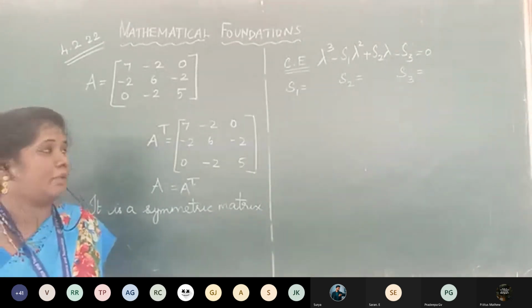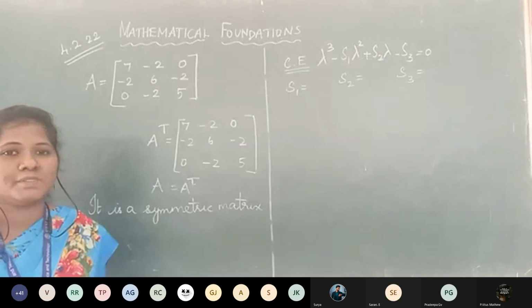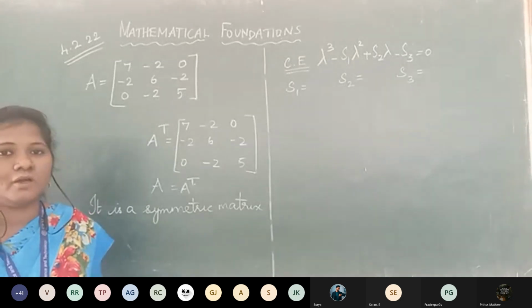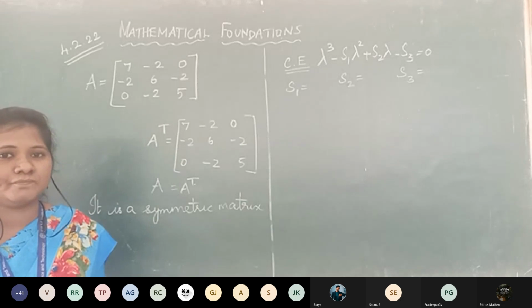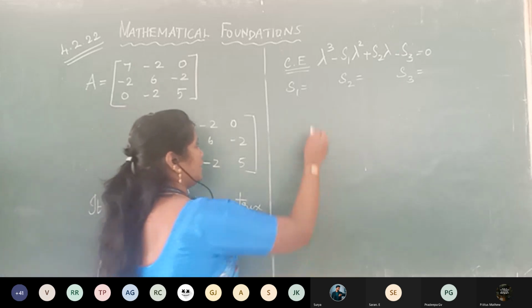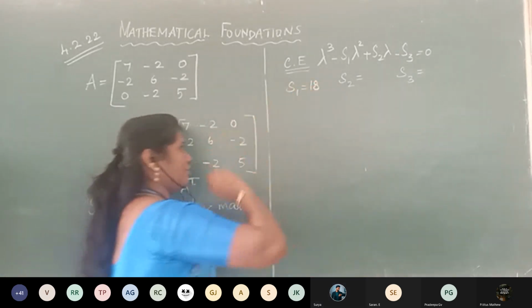Put it in your calculator and tell me. It's just the sum of the main diagonal elements. So what is your sum of the main diagonal? 7 plus 6 plus 5. What do you get? 18. You're getting very good.